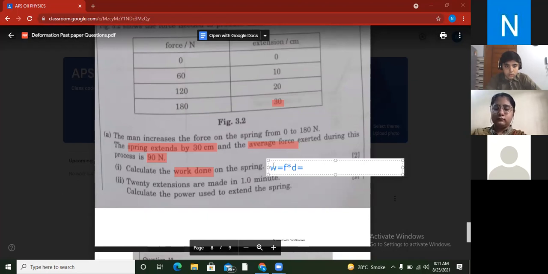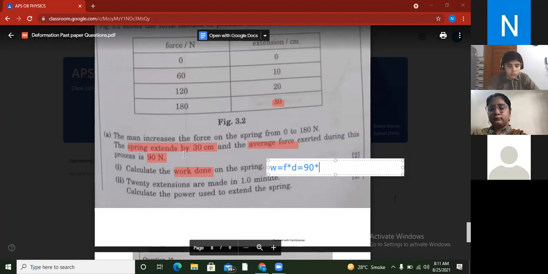What is the force here? We are going to take the average force, right? That is 90. And the distance here is 30 centimeters. The total extension of the spring is up to 30 centimeters. So we need to take distance in meters.